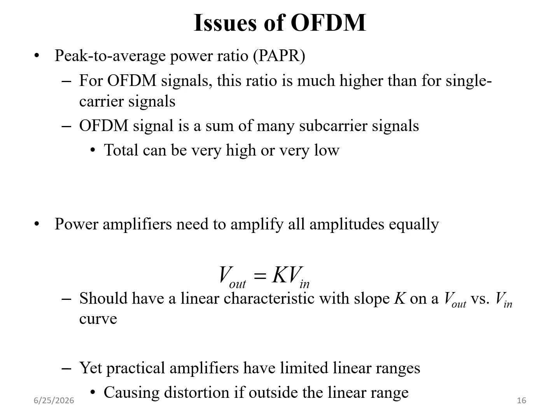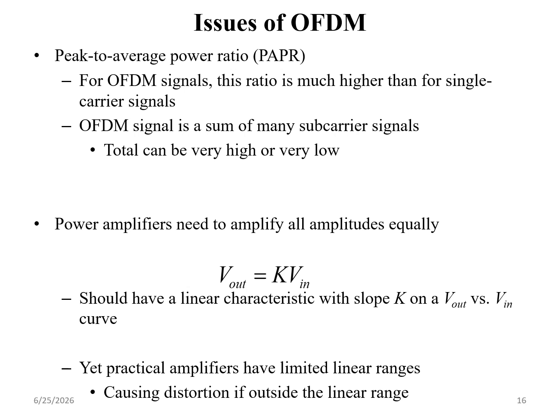The total can be very high at some points, or very low at others. So peak to average plays a major role in OFDM, being much higher than for a single carrier signal.